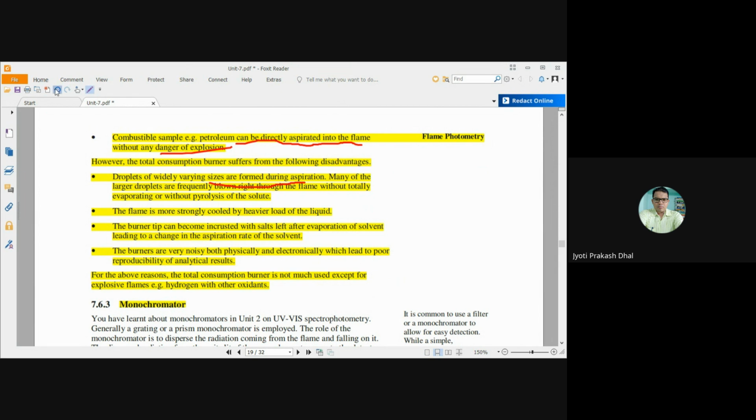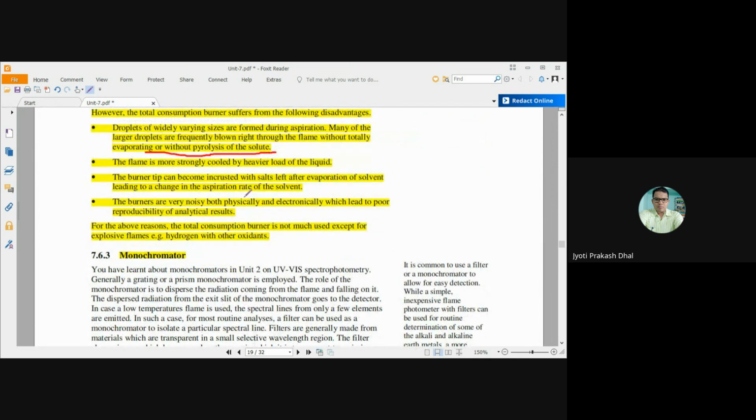Many of the large droplets are frequently blown right through the flame without total evaporation and without pyrolysis of the solute. The flame is more strongly cooled by the heavier load of liquid. The burner tip can become encrusted with salts, since salt solution is used, so there is a chance of blockage of the burner tip. The burners are very noisy, both physically and electronically, which leads to poor reproducibility of the analytical results.